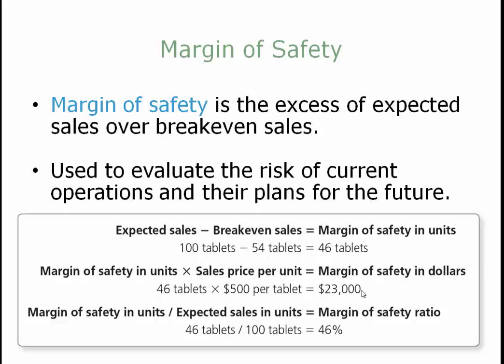It's telling us that sales can go down by 46 tablets or $23,000, and we'll still break even, and our margin of safety ratio is 46%. So our sales can go down by 46%, and we would still achieve break even. If you're working with a banker, they would want to know this, because if you're trying to borrow money from a bank, their main concern is whether you're going to be able to pay them back.